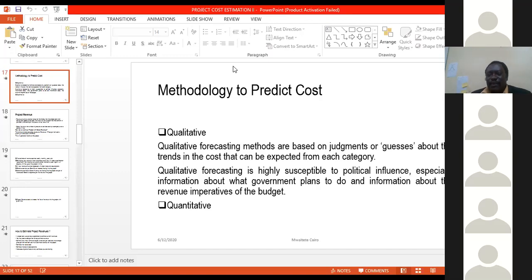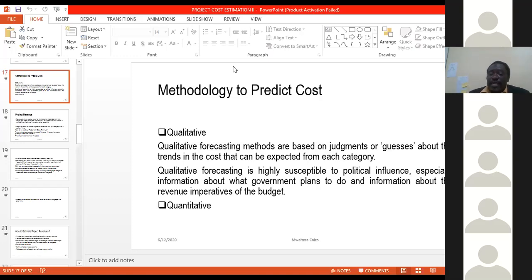The qualitative approach to forecasting is highly susceptible to political influence, especially information about what the government plans to do and information about the revenue and so on. So you'll have to predict based on the politicians and so on. You have to include your personal feelings.